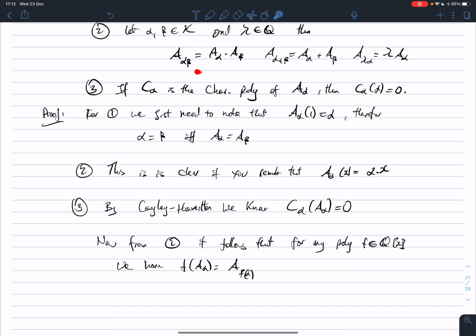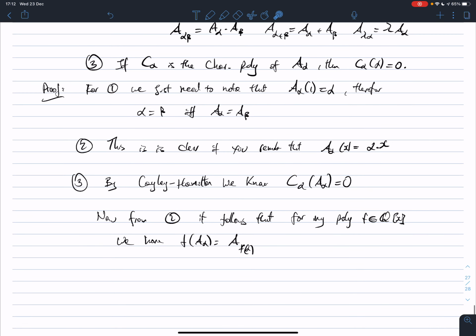So if I have some polynomial, my scalars will pop out, and the rest will add and multiply as needed. So if I apply f to my matrix here, I guess this means take your polynomial in x, everywhere you see an x, put an A alpha, and then you have some equation of matrices, telling that these two matrices agree.